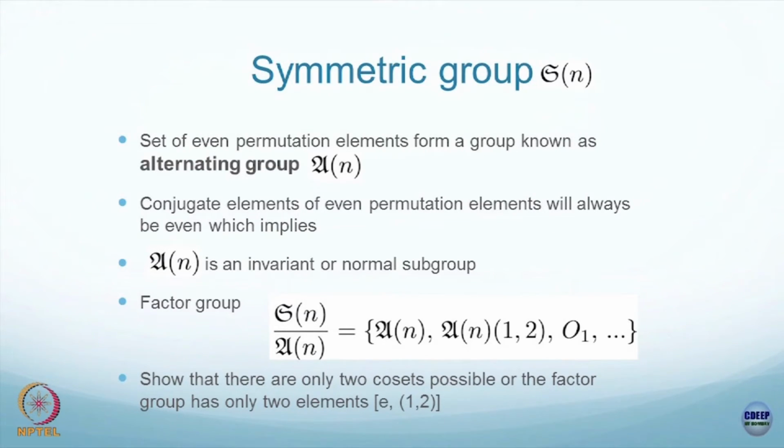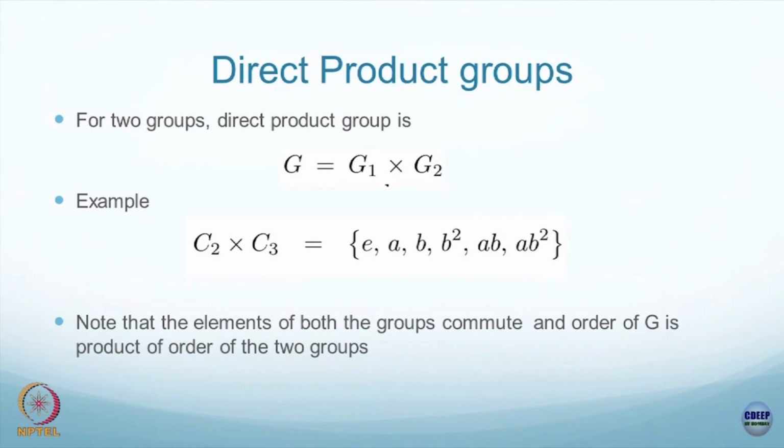This also you can rigorously prove, but as of now you can take it that the factor group is nothing but the identity element and 1-2. This is probably the proof which is showing you this particular example of factor group. Okay. Is this okay?